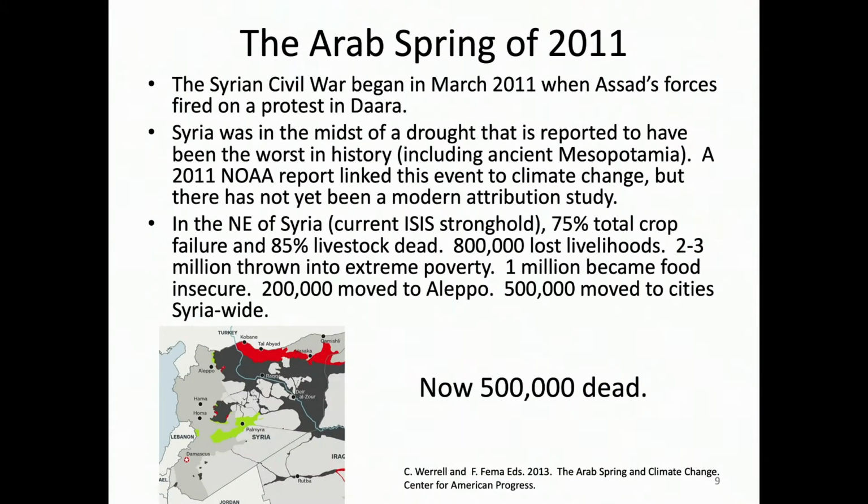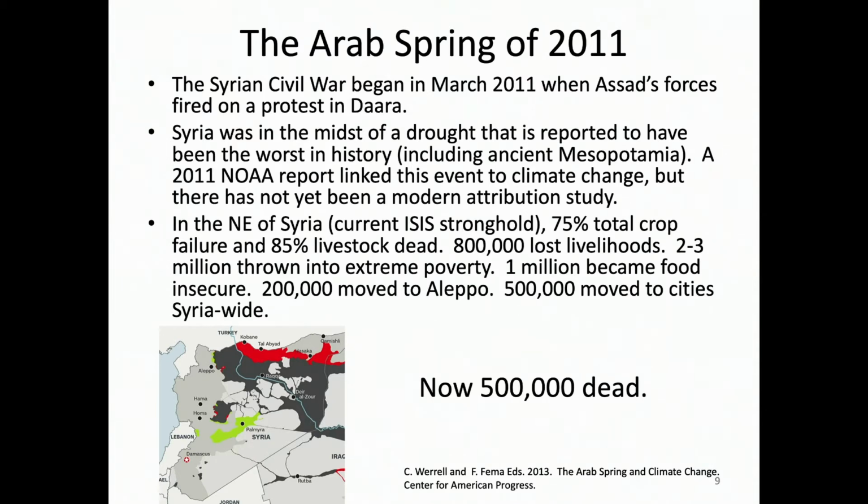The Arab Spring of 2011 was only one of two events in the region. The Syrian Civil War also began about the same time, March 2011, when Assad's forces fired on a protest in the city of Dara. And Syria was in the midst of the worst drought in history, worse than the one that collapsed the Akkadian Empire. And this drought has indeed been attributed directly to fossil fuels by a scientific study, and now several.